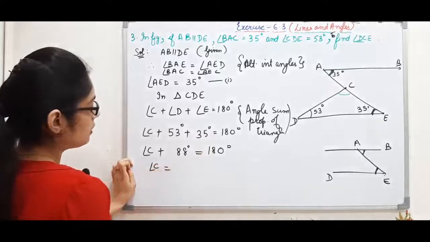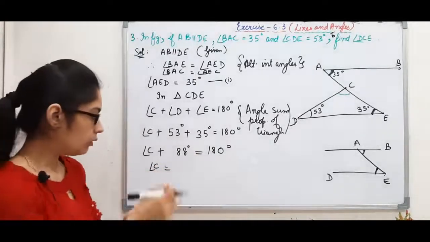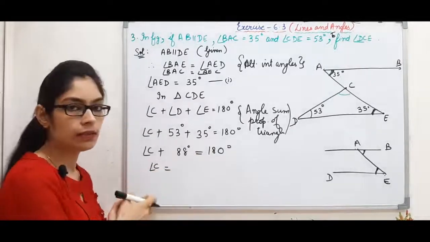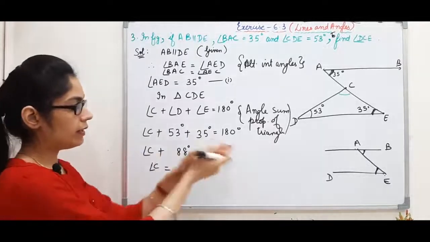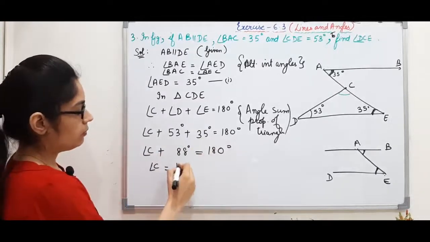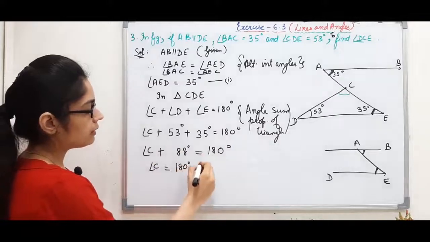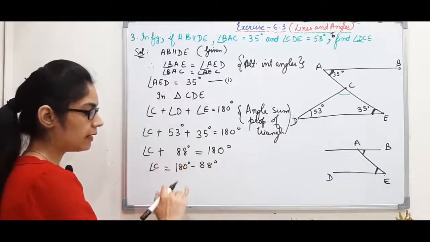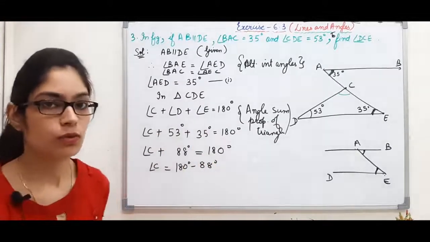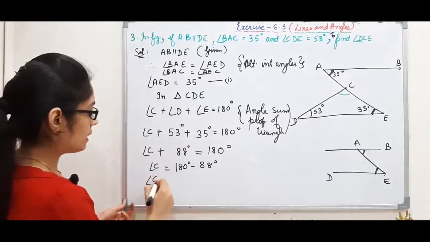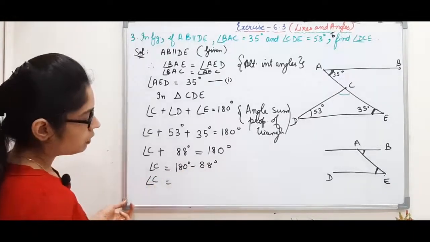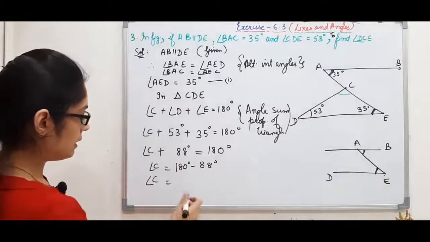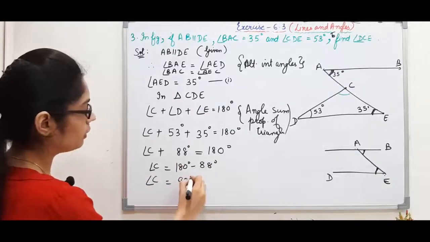Angle C is equal to, because we need to find the value of angle C, so let's keep angle C on this side and shift 88 to other side. So it will be changed to 180 minus 88, because plus 88 on changing the side will be changed to minus 88. So angle C is equal to, we can do the subtraction, 180 minus 88, so we'll get 92 degree.